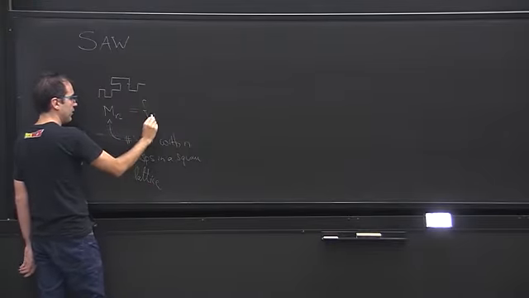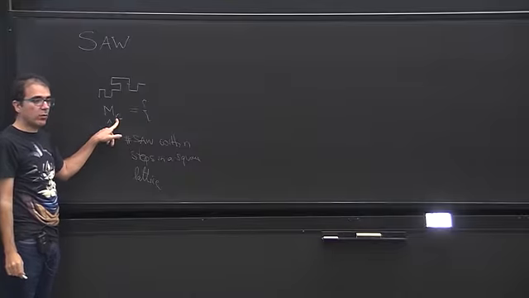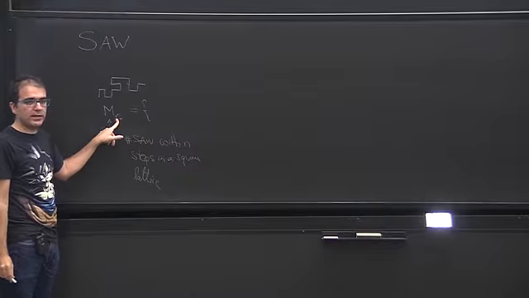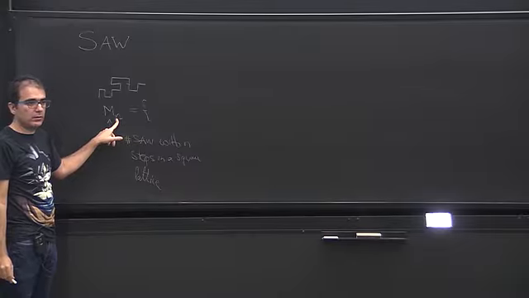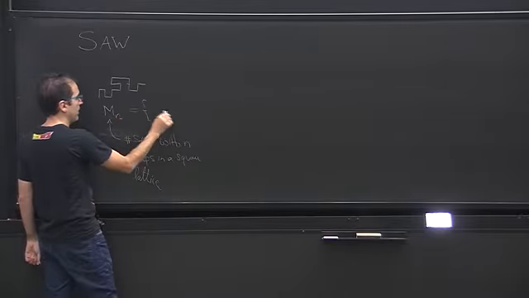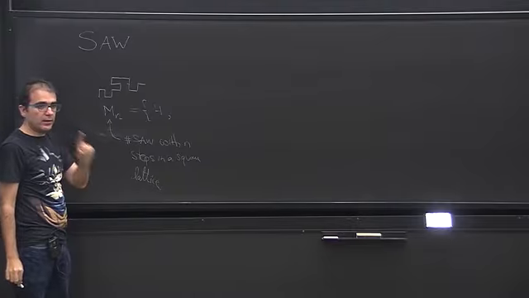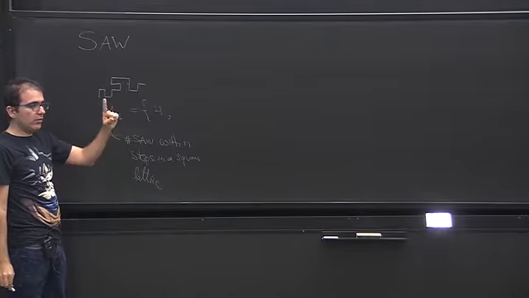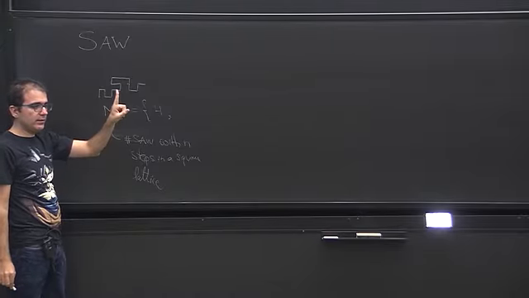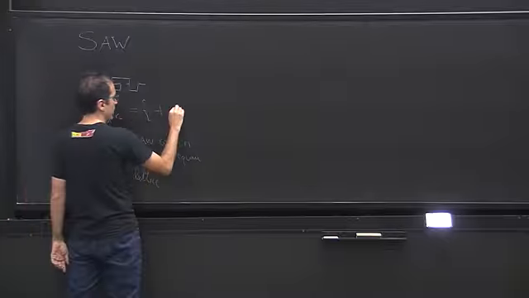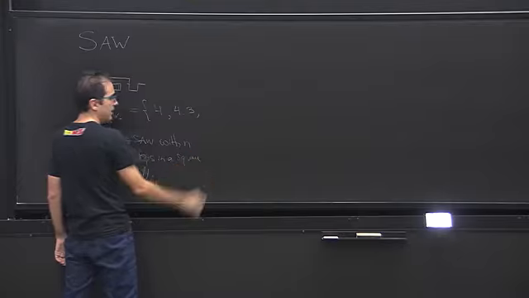Well, let's compute for a few n's. So when n is equal to 1, with one step, how many paths are there? 4. I can go up, down, left, right, 4. What about 2 steps? I choose one direction, 4, and then 3. So 4 times 3.